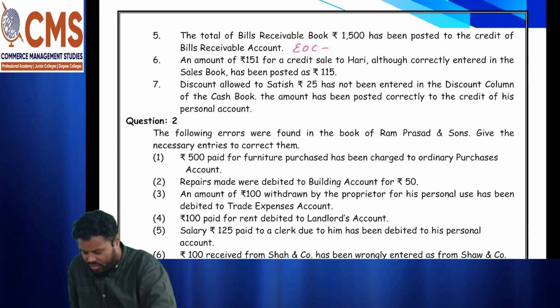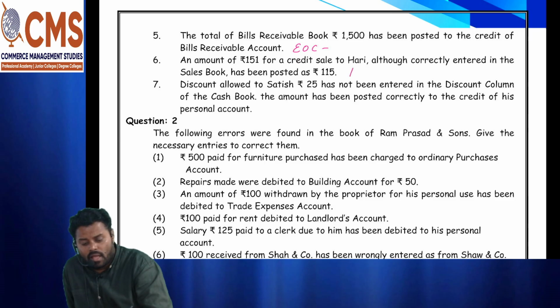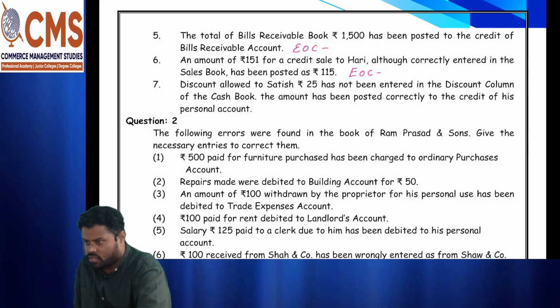posted as 115. Which account is wrong? Error of commission. Okay. Account is correct, side is correct, amount is wrong. What is the account?